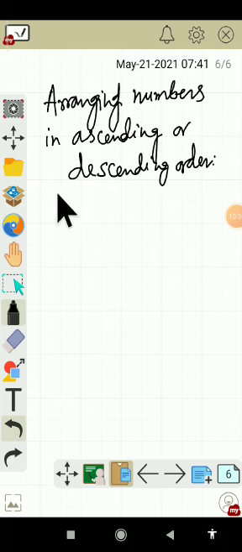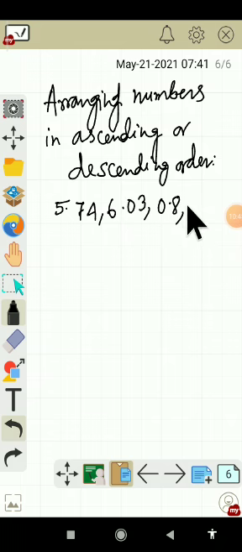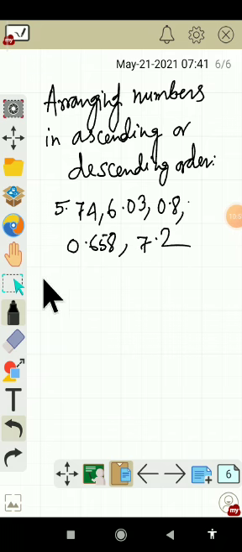Suppose the numbers are 5.74, 6.03, 0.8, 0.658 and 7.2. First we have to make like decimals.